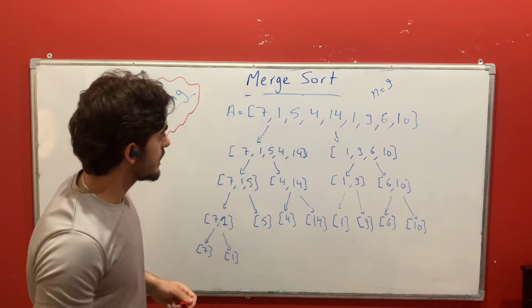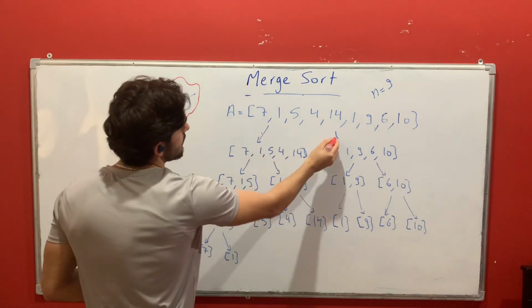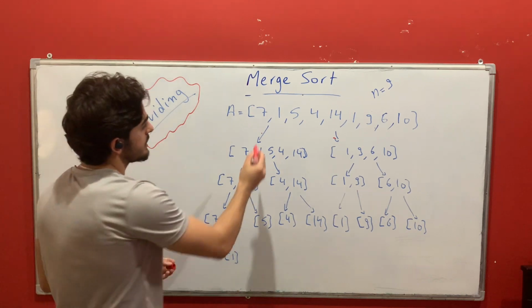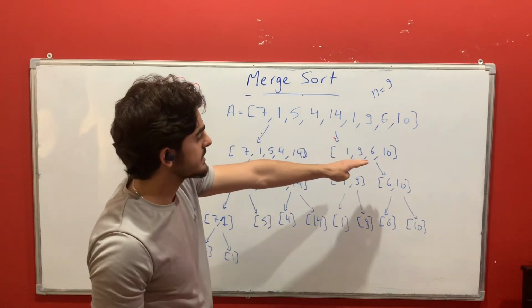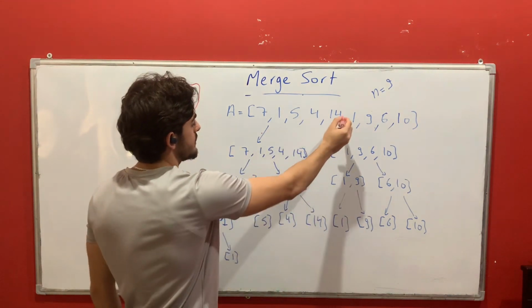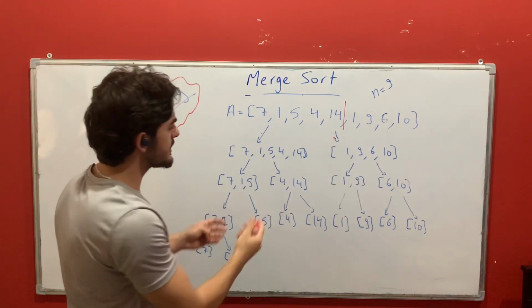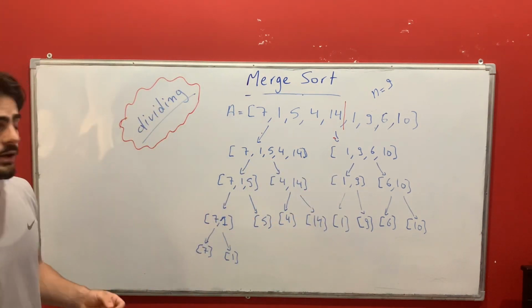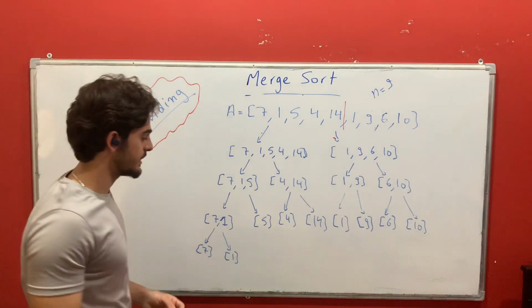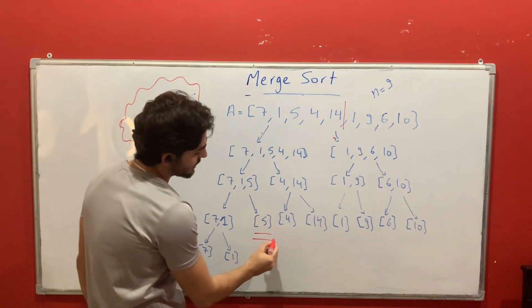If we keep dividing the array by 2, meaning 7, 1, 5, 4, 14 is in this part, and 1, 9, 6, 10 in that part, we divide it by 2. And we keep this process on every subproblem generated until we are no longer able to divide the array, meaning we reach an array of one element.